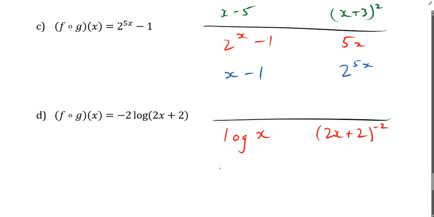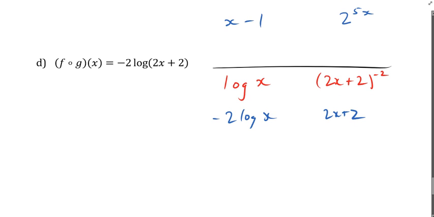There's an easy one, right? I could go negative 2 log of x and 2x plus 2. So kind of similar, but not quite as nice as Hunter's. Anybody have another one? Anybody? What about this?